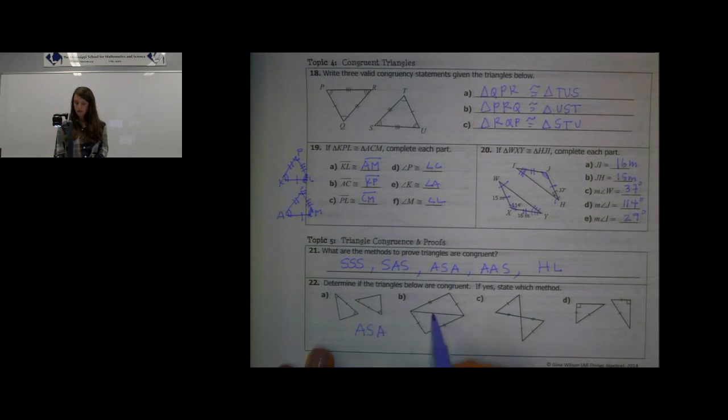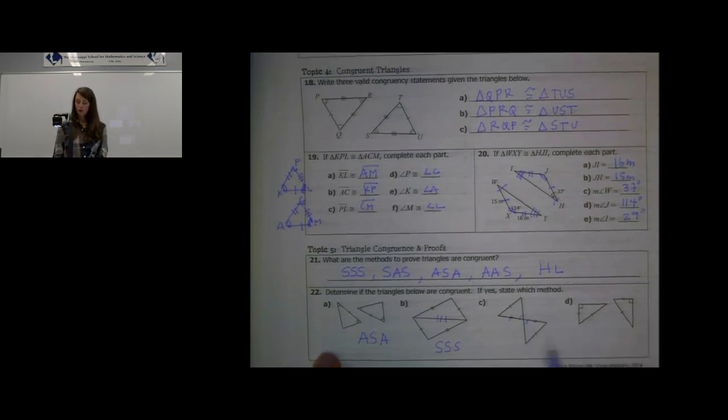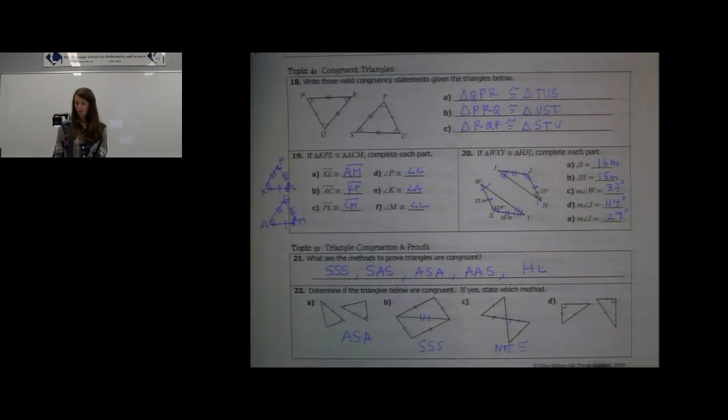Side, side, now they include that side, so those are the same. I have side, side, and then I do know that those are vertical angles, right? So those are congruent to each other. But side, side, angle, I don't have that anywhere, so I'm not going to be able to prove if that's congruent there. I need to know a little bit more. Here I know a leg and a hypotenuse of that right triangle, so I can prove that by hypotenuse leg.